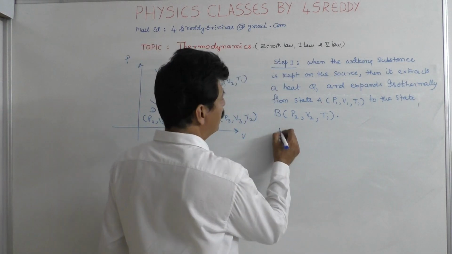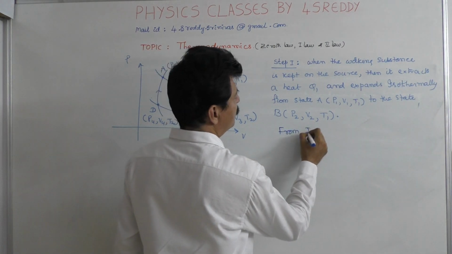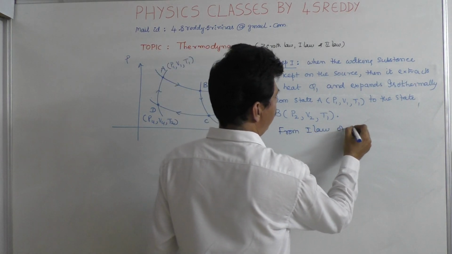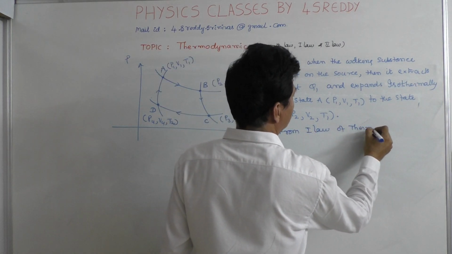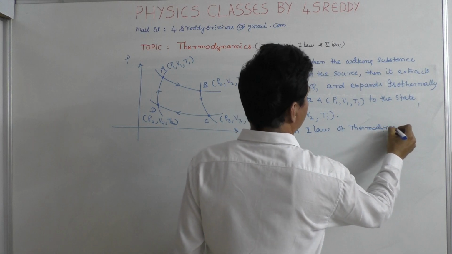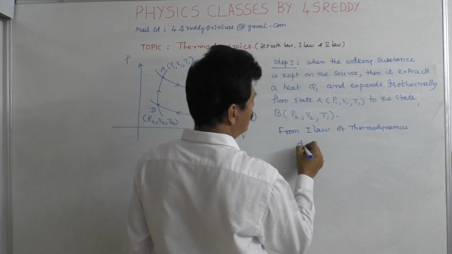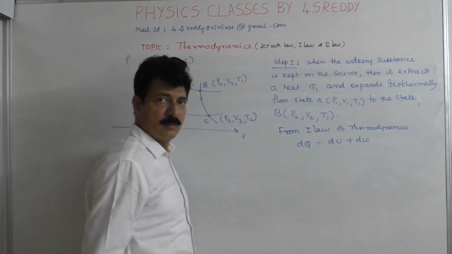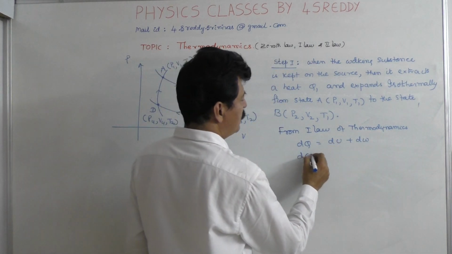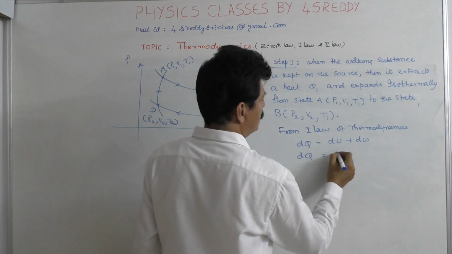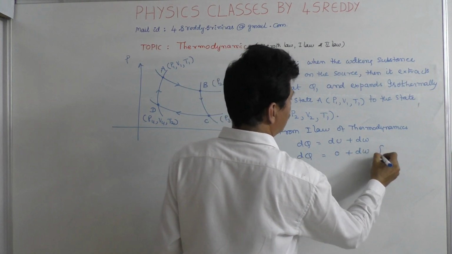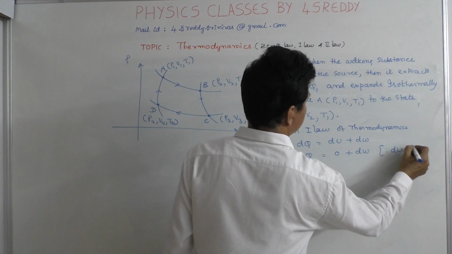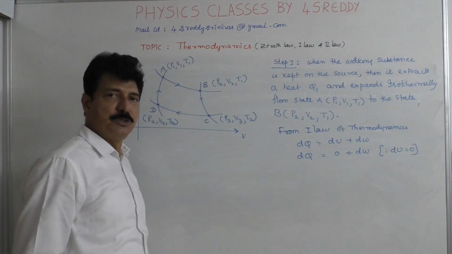Therefore, from the first law of thermodynamics, we know that dq is equal to du plus dw. But dq is equal to 0 plus dw, because in an isothermal process the increase in internal energy is 0.